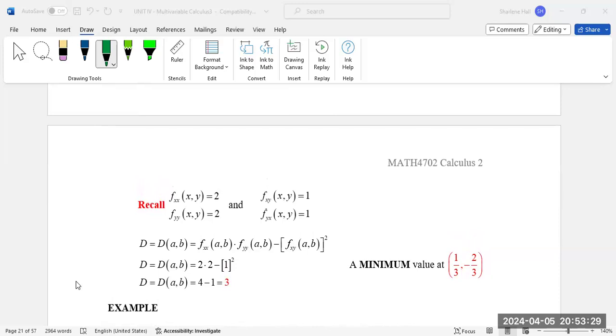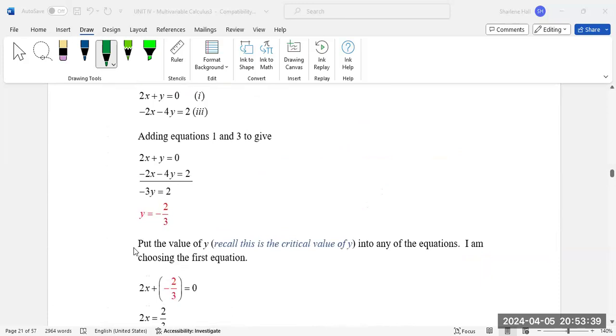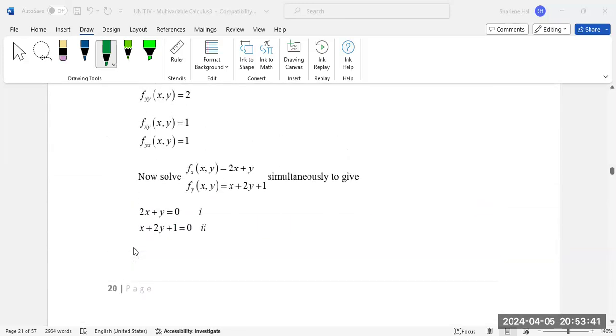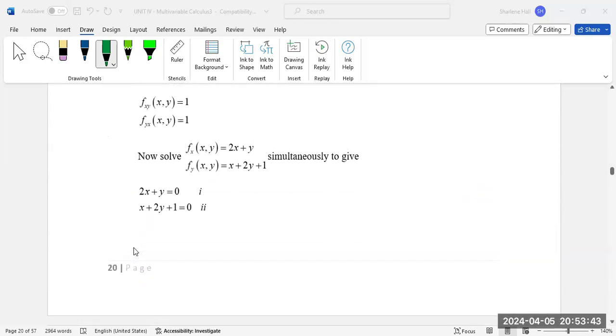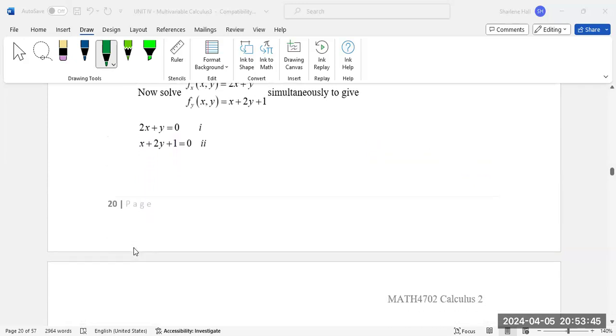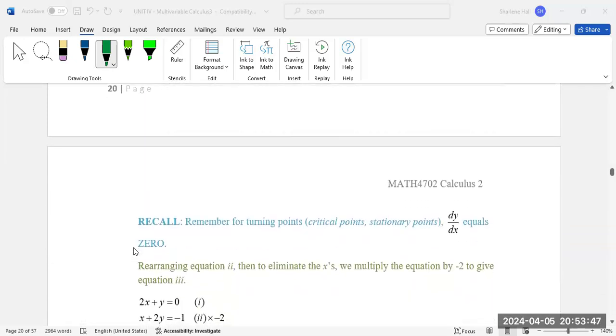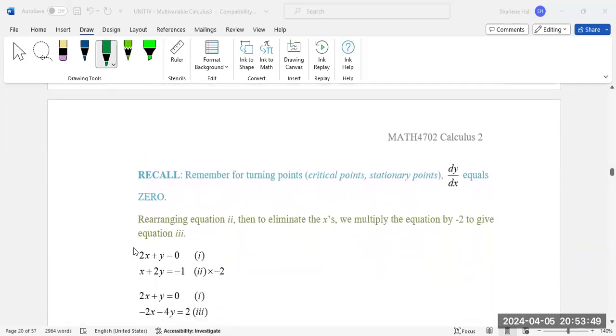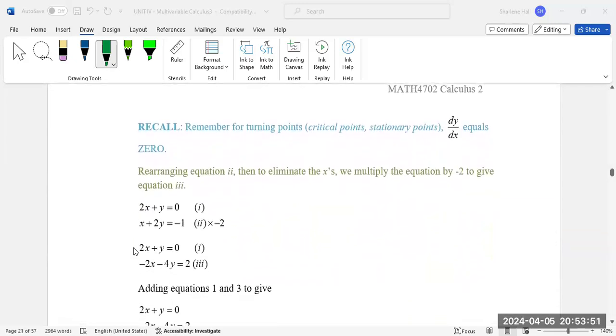Any questions? Go ahead. For the simultaneous part, for the first part you get y. Can I have the same thing now, times equation 2 by 2? Yeah, I got 2/3, -2/3. The same thing here.